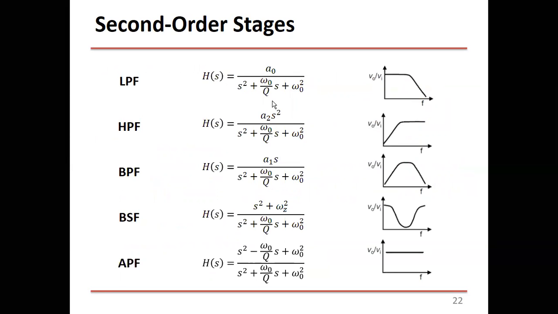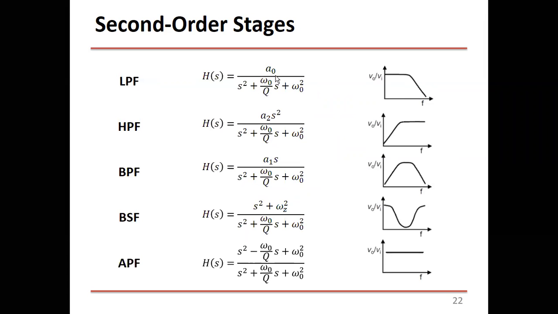If you have this one, for example, how do you know that this is a low pass filter? Well, you substitute a very large S. When S is very large, that means F is very large, because S is j omega, and omega is 2 pi F. When you substitute S with infinity here, this is something over infinity squared, so this is zero.